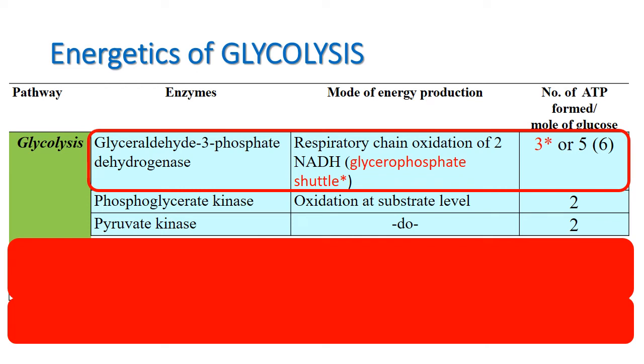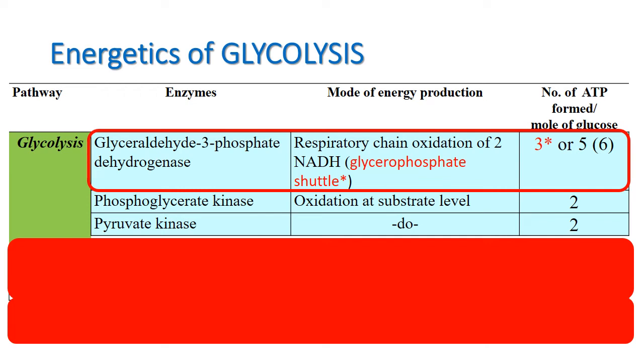The first is at glyceraldehyde 3-phosphate dehydrogenase, where there is a production of NADH, and depending upon the utilization of this NADH through different shuttles, there is a production of either 3 or 5 ATPs.